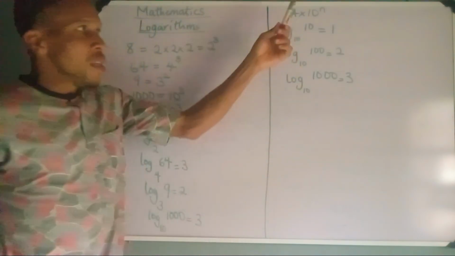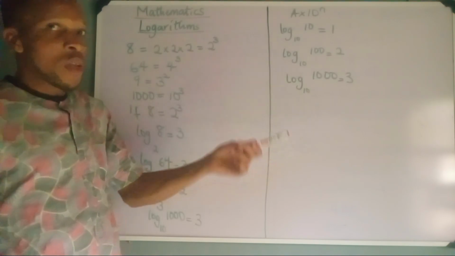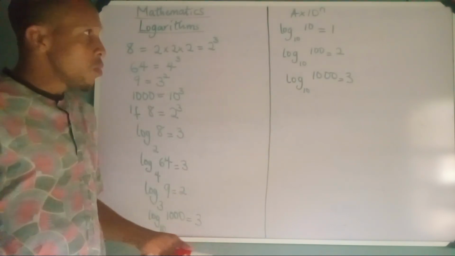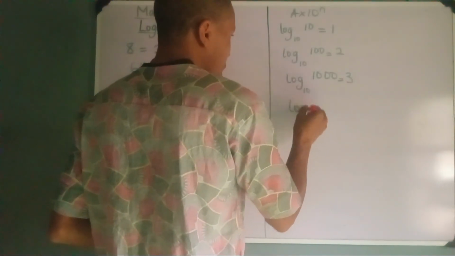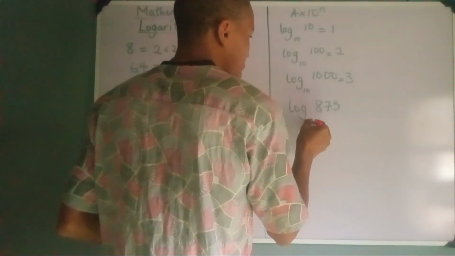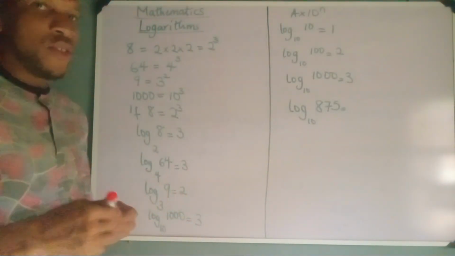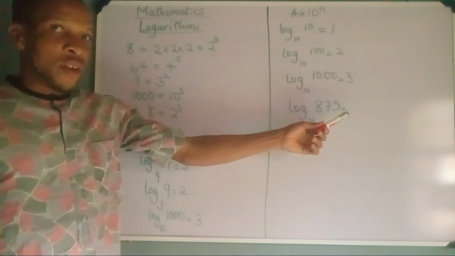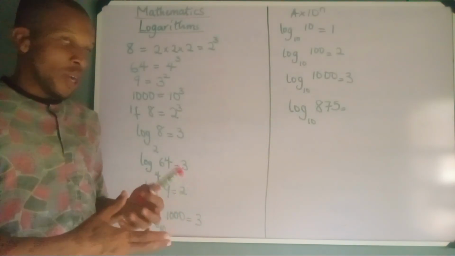But is it only powers of 10 like 10, 100, 1000 that we can actually obtain? No. We can have other values like if I have log 875 base 10. Now, it may not be very easy to obtain the derived values without any assistance using tables or calculators.